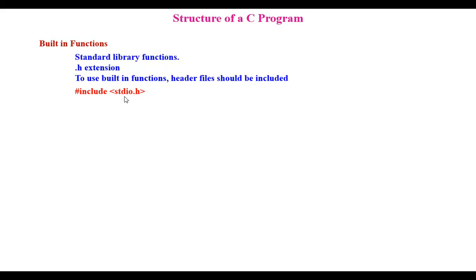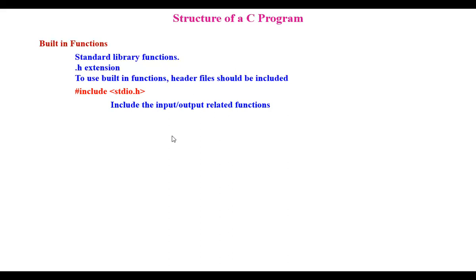This is called stdio.h. This is a built-in header file, and we have to write hash include and include this particular header file, right? When you include this file in your program, we will get some functions, which include input output related functions.